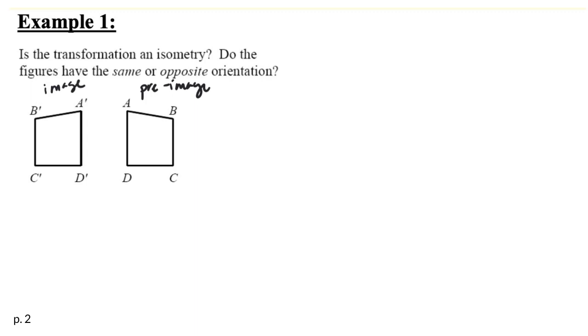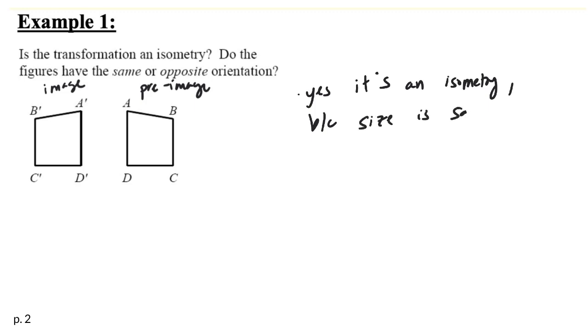If I actually got a ruler and measured each side, I would see that each side on the image is the same length. So I know that this is an isometry. Yes, it's an isometry because the size is preserved. Size is the same.